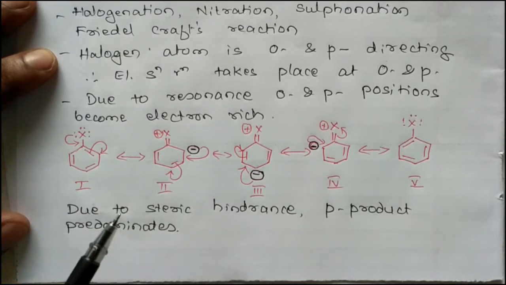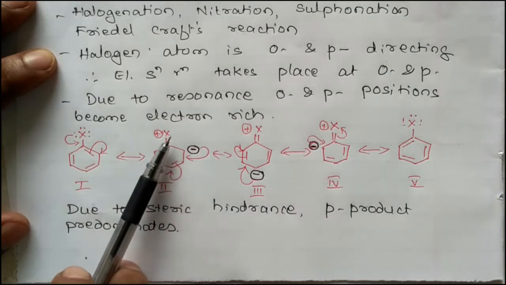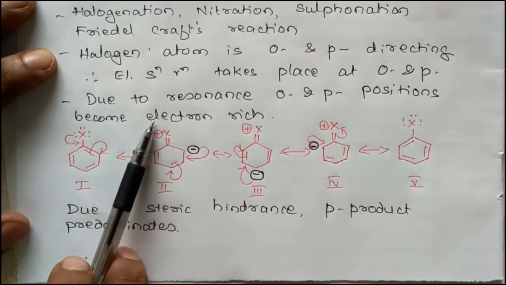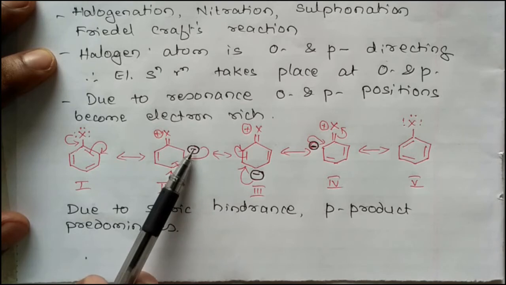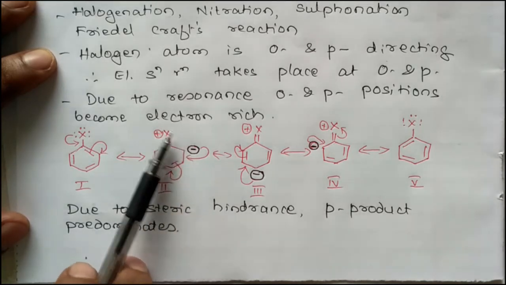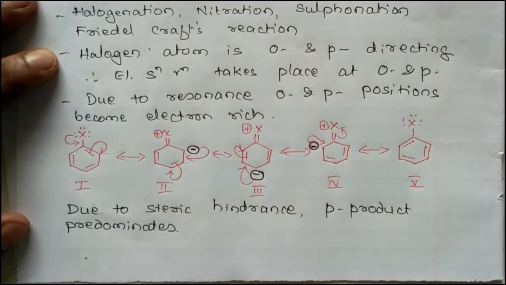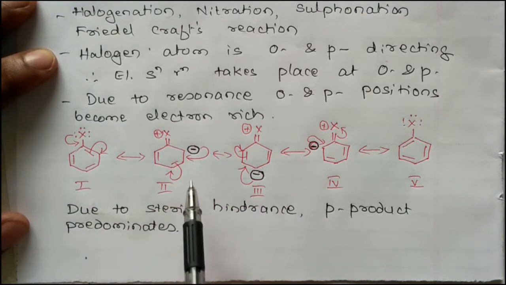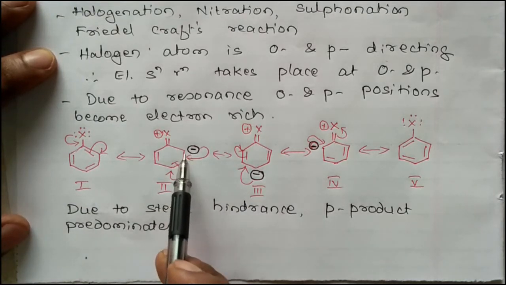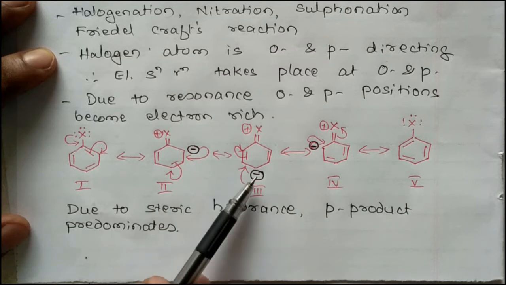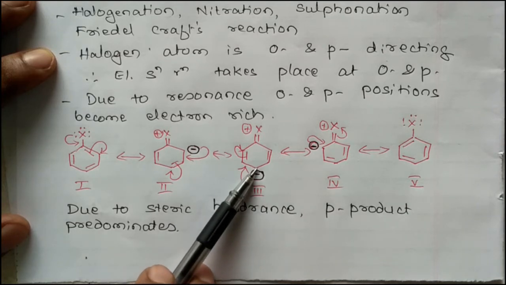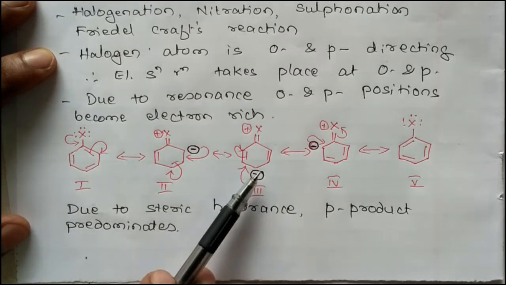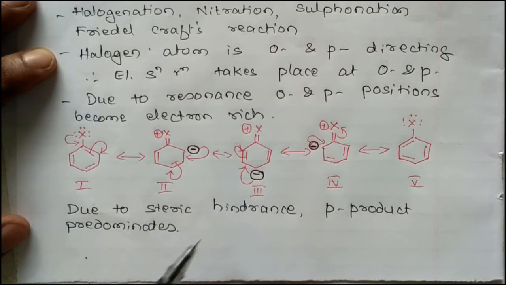Steric means a bulkier group is present, and the incoming group is also bulkier, so there is possible repulsion between these bulkier groups. Hence, the electrophile cannot attack the ortho position. Here there is free area. Hence, the para product predominates. Here there is no steric hindrance, and you are going to get the para product as the major product.